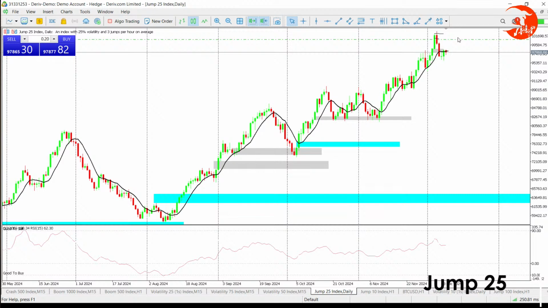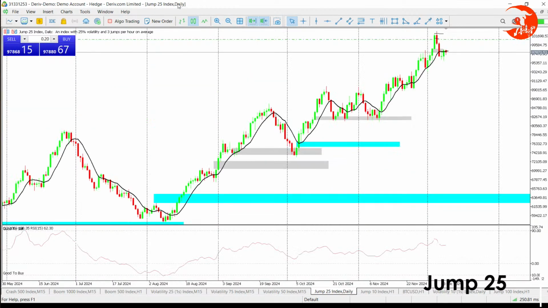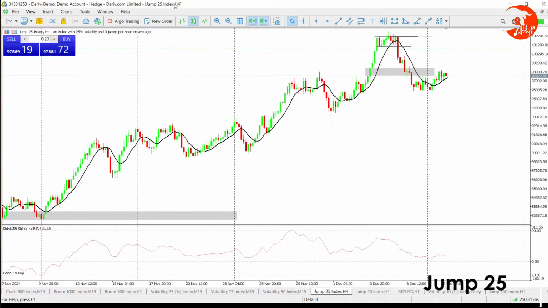We can now continue with the buys according to daily. According to weekly, the buys are still on. According to H4, we see a change of character right there, although it is not confirmed yet, because this is not a clear breakout.